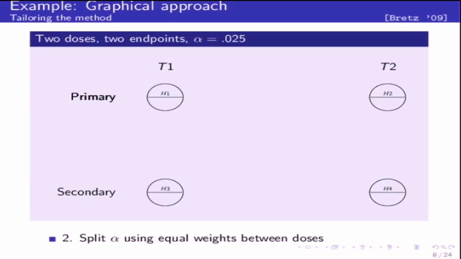As said before, we would like to assume equal effect sizes, and when we assume equal effect sizes, both treatments should have equal chances of a positive result. So what we can do is we split alpha equally between the two doses.